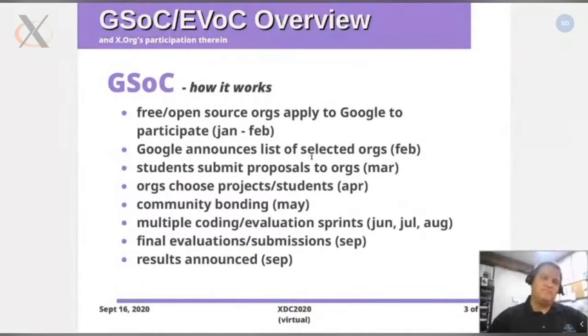I've never seen anywhere where they explain the correlation between how many you ask for and how many you get. If it's your first year participating, then I think the maximum you're allowed is 2. X.Org in the past has had up to 6, I think. But like I said, there were 1,200 proposals accepted this year for 200 organizations. So Google works through that and then gives you your slots.